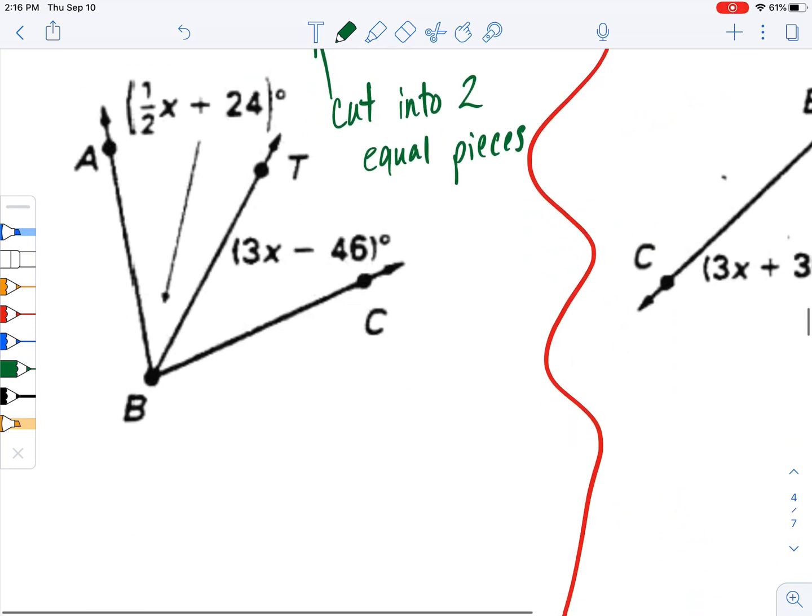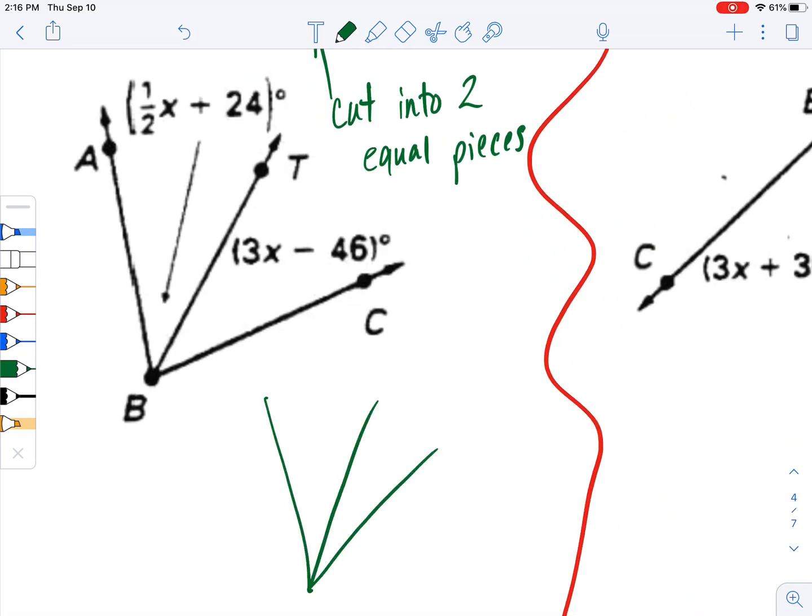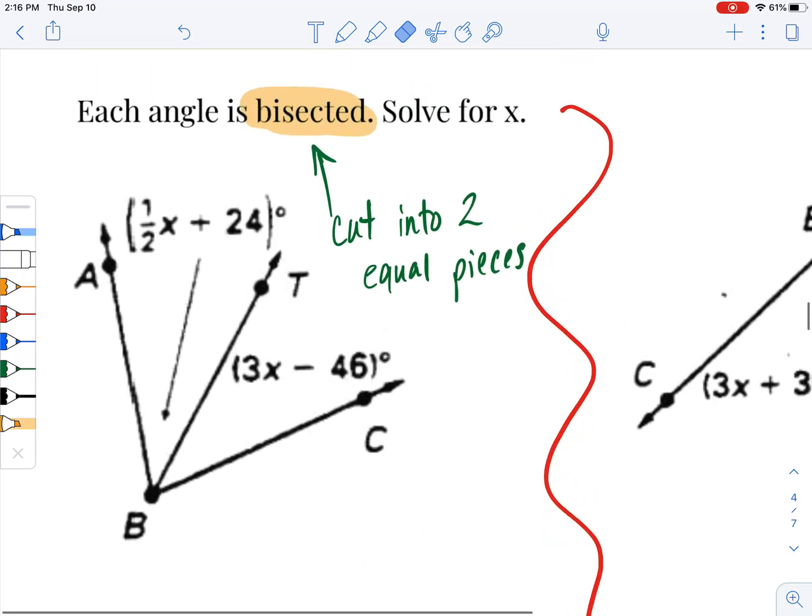And if you remember, we had problems where it was like 48 and 48. Well, what do I know about the numbers 48 and 48? Well, they're equal to each other. So 48 is equal to 48. It's bisected. So, same idea here. If you ever see the word bisected, you should have some alarm bells going off in your head.